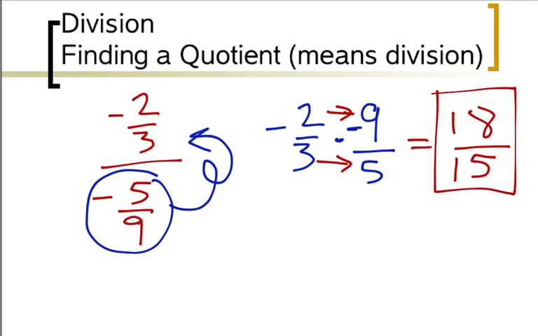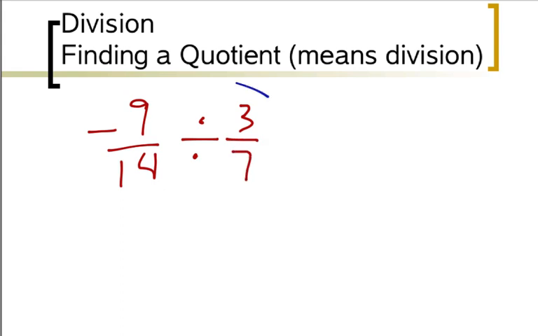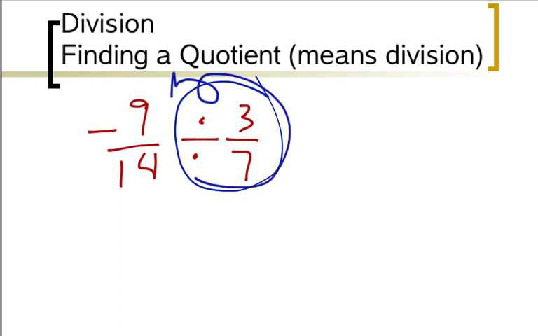So let's try one more problem where we've got division of fractions written a little bit differently. If it was like this, negative 9 over 14, and then they write divided by 3 over 7 this way. It's not the way that I had it before, but still it's dividing by a fraction, so I take the second fraction and flip it over and multiply. Whenever you're dividing by a fraction, you flip and multiply.